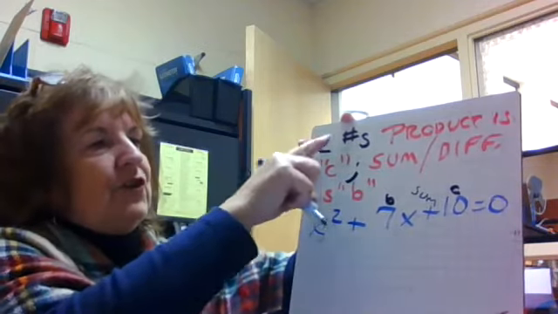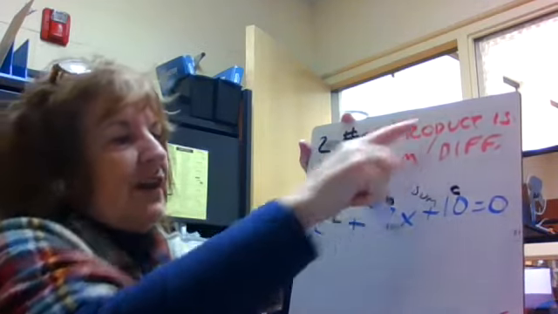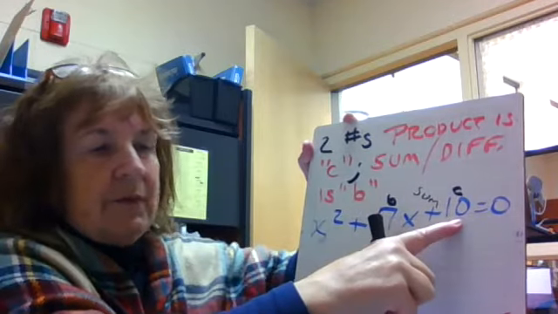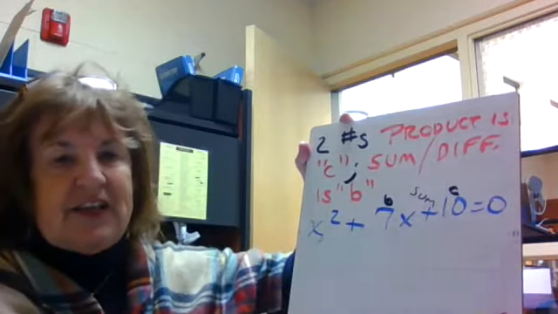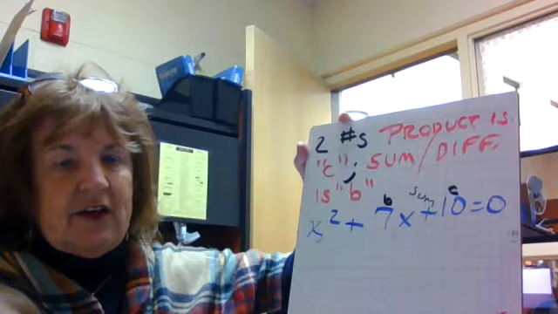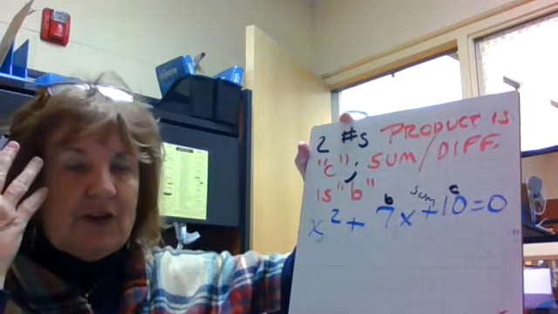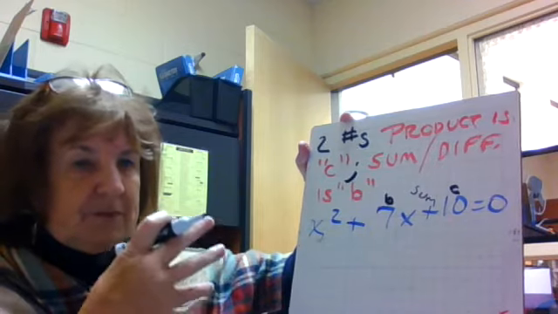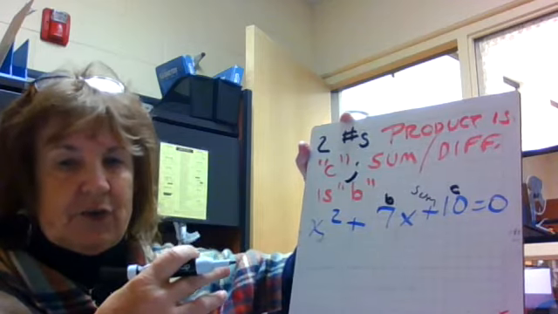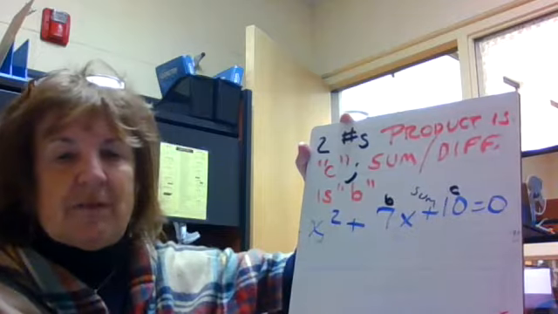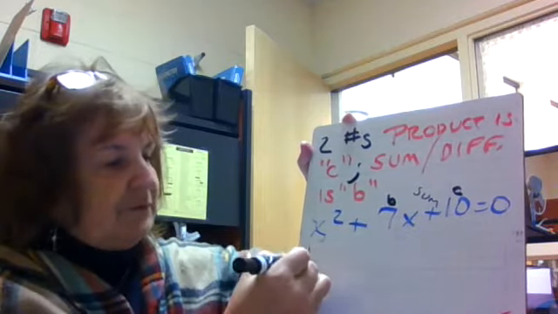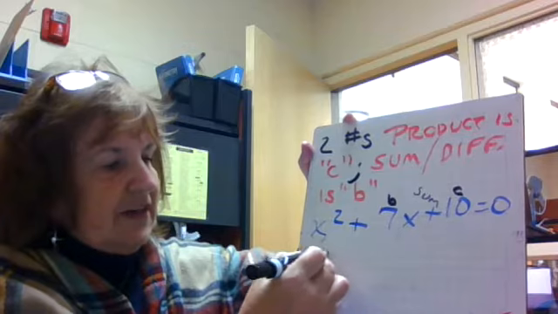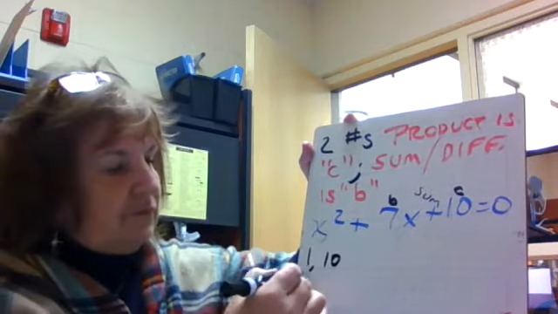So I want two numbers whose product is C. So I want two numbers that multiply together to get 10. Some of you will be able to squirrel it away in the back of your head. Some of you will need to write them down. So let's just write them down to get used to it. Well, 1 and 10, 2 and 5.